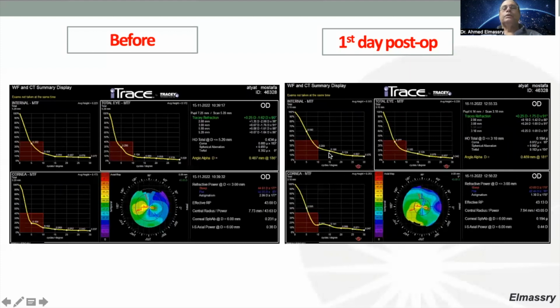When it moves to the periphery of the red box or outside the red box, this means that the MTF is starting to improve. So if before surgery the MTF is inside the red box, you can see whether it is from the cornea more or from the lens more, and this definitely improves after the surgery.